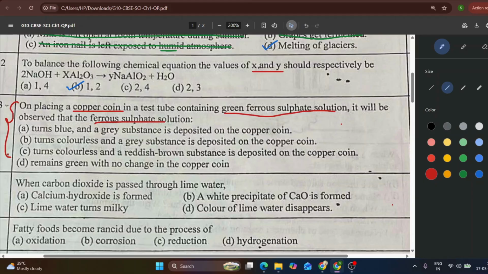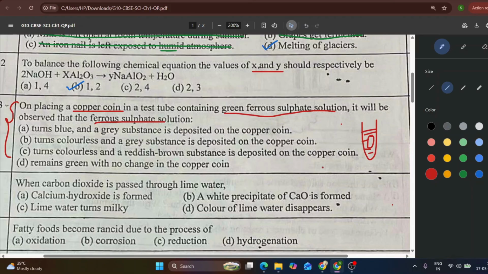It's a type of reaction. Displacement of a particular element takes place based on its reactivity series. Since a copper coin is being kept in your ferrous sulfate solution, we have to check whether copper is more reactive or less reactive than iron in the reactivity series.